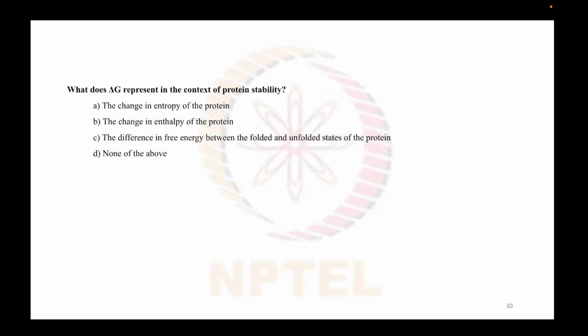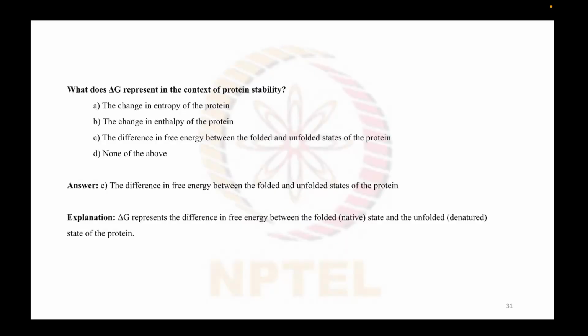So it's a combination of enthalpy and entropy which gives us the difference in free energy between the folded and unfolded states of the protein.